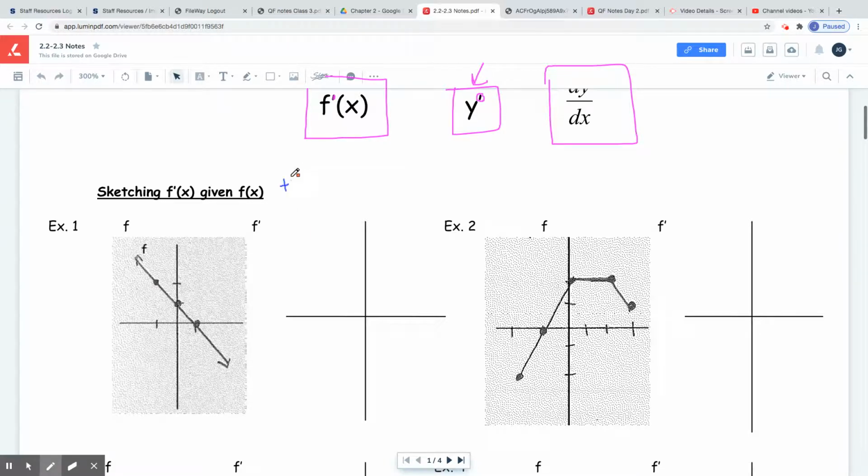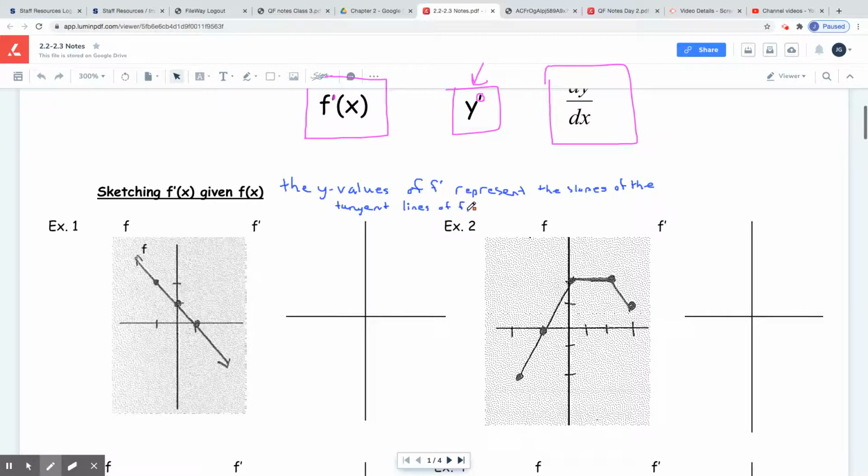The y values of the derivative, which I'm just going to write as f prime, remember, they represent the slope of the tangent lines of f.